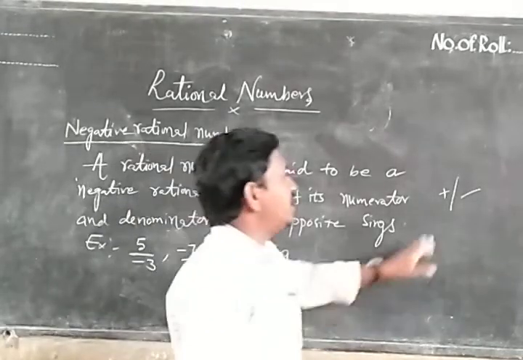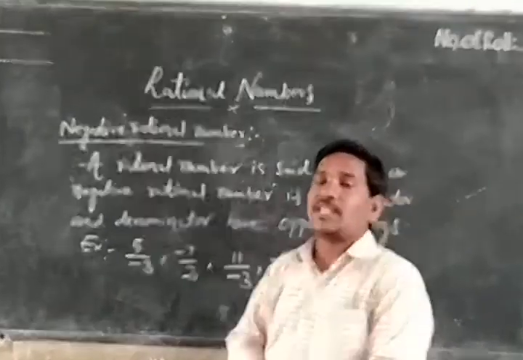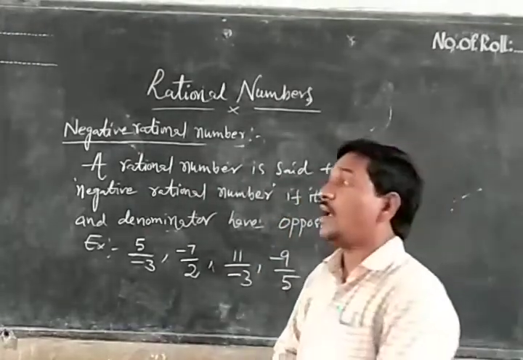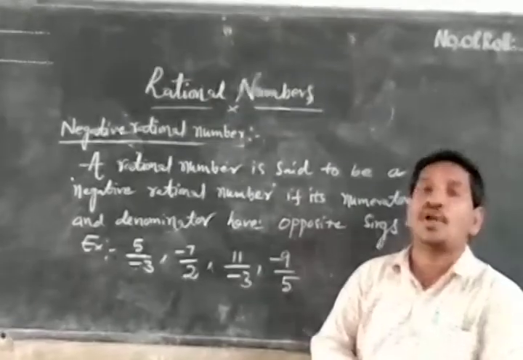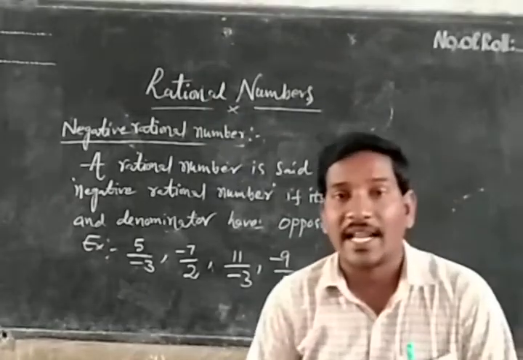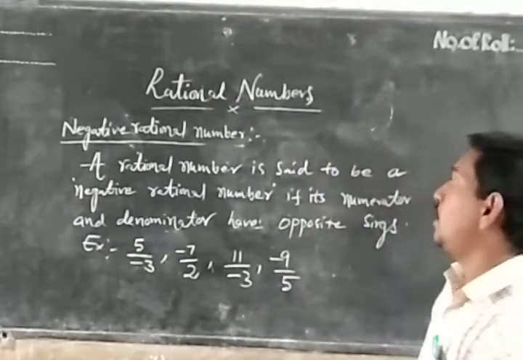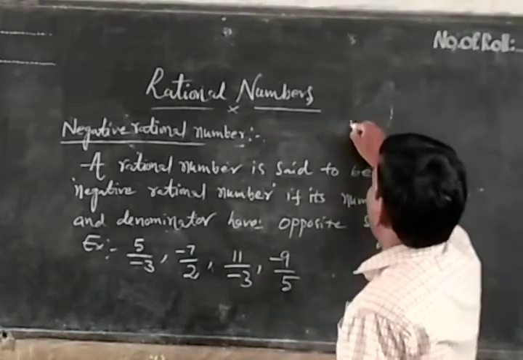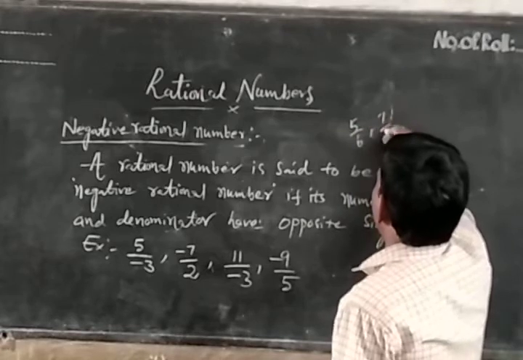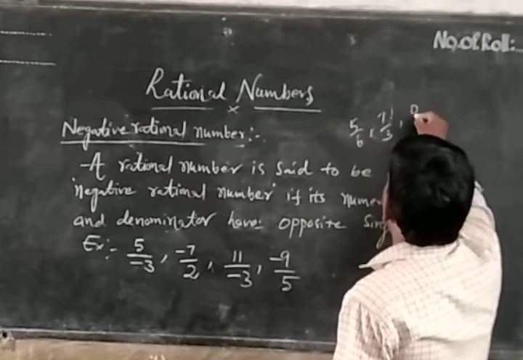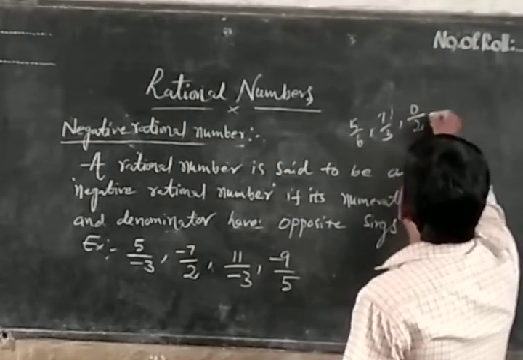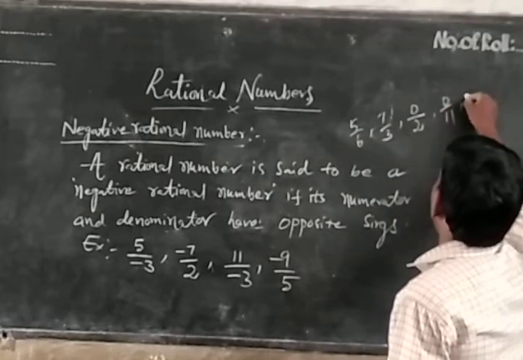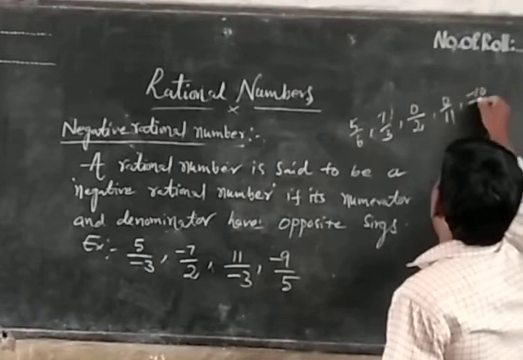Okay, student, what is the definition of a rational number? Numbers which can be written in the form p by q, where p and q are integers and q not equal to 0, are called rational numbers. Rational numbers are nothing but fractional numbers. 5 by 6, 7 by 3, 0 by 2, 0 by 11, and minus 10 by 5.